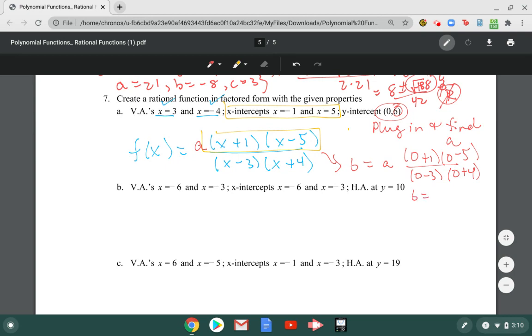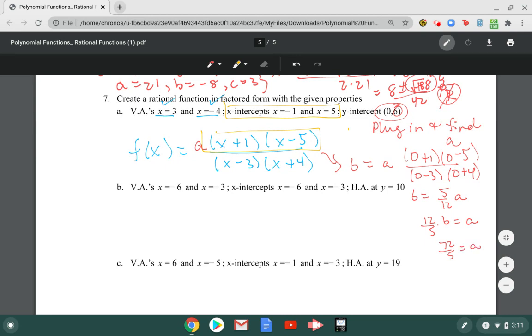So 6 is equal to, this is going to be negative 5 over 12, so it's going to be positive 5/12 a. Cross multiply, so I get 12 over 5 times 6 equals a. Nothing to simplify, 72/5 equals a.